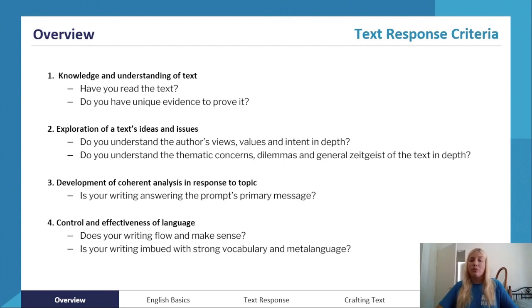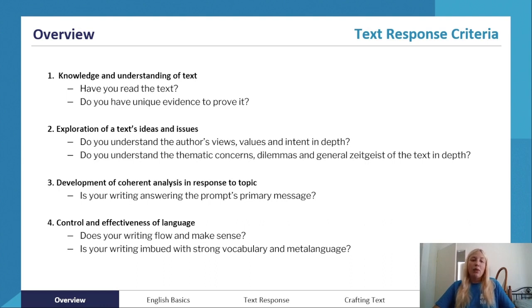So, using quotes from different characters, quotes about different themes, having lots of evidence that relates to various language devices and genre specific features, as well as analysis of structural features of the text and the text's actual construction, if appropriate for the text that you're working with.